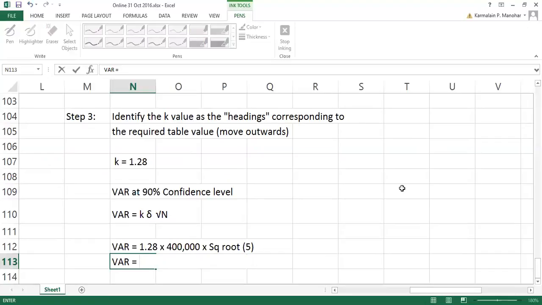So same root of 5 times same 400,000 times 1.28 gives 1,144.8 thousand, or we can say 1,145,000.